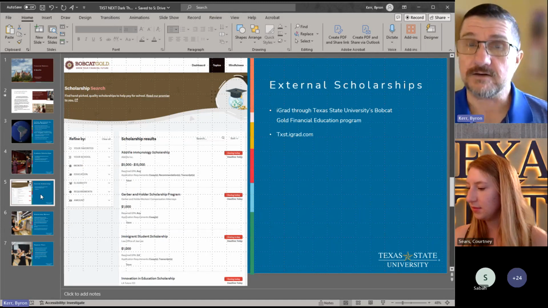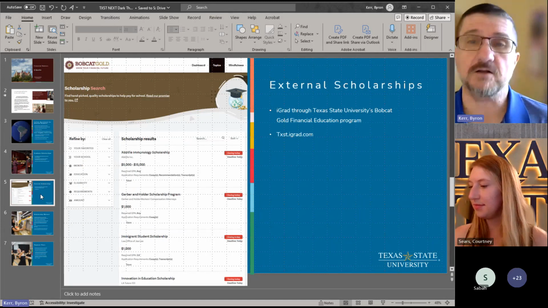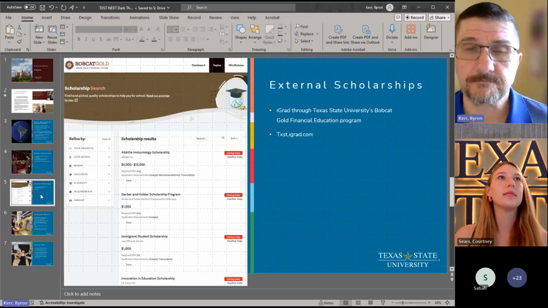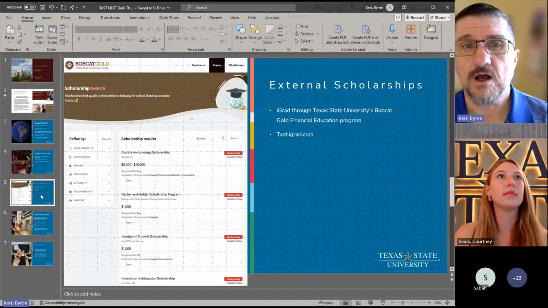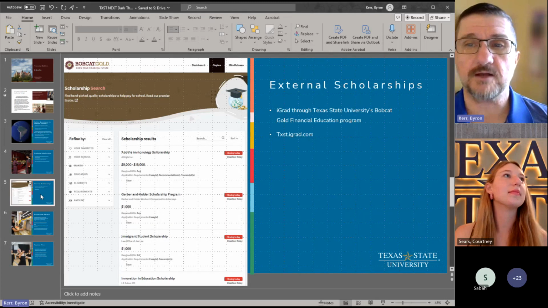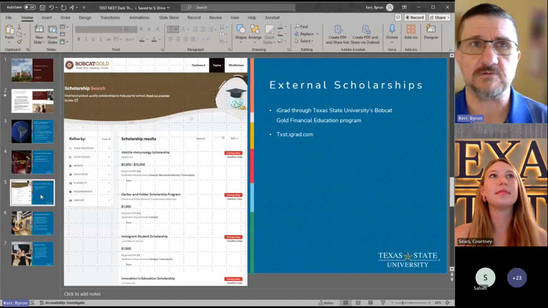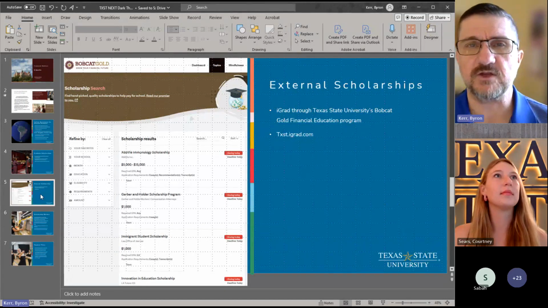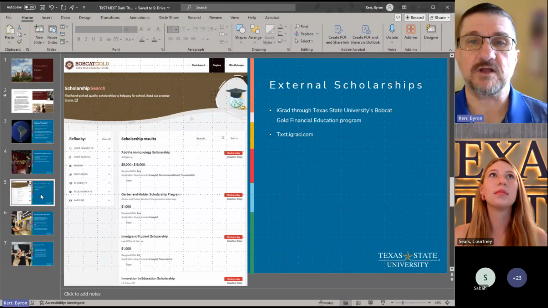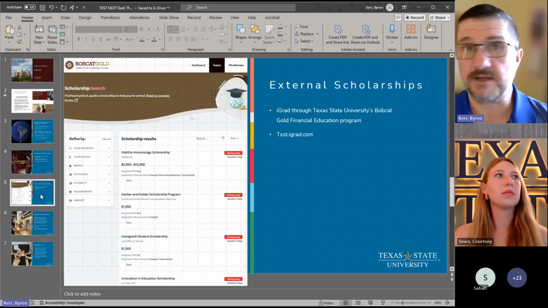However, a lot, and I mean billions of dollars, of external scholarships exist in the world. At Texas State University, we have something called iGrad through Bobcat Gold. Bobcat Gold is our financial education platform at Texas State University. And inside of iGrad, under the topics, there's a scholarship database. This scholarship database is quite good.